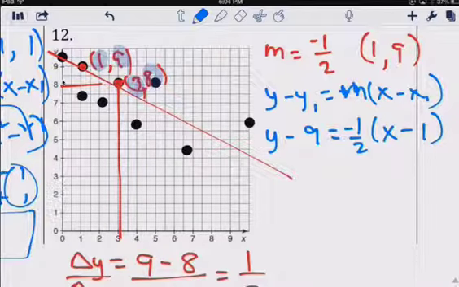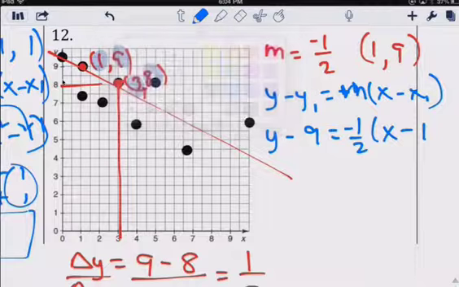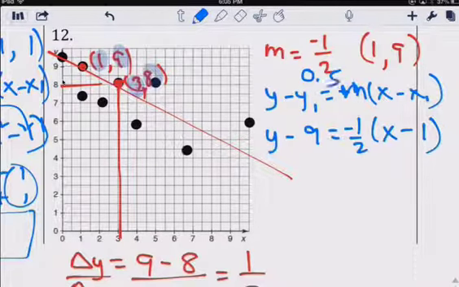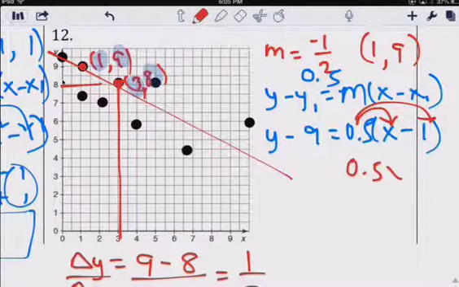Okay, we're going to use 0.5 instead of a half. 1 divided by 2 is 0.5, okay? You need to know that part. Half is the same thing as 0.5. So negative 0.5x plus 0.5. Y minus 9.